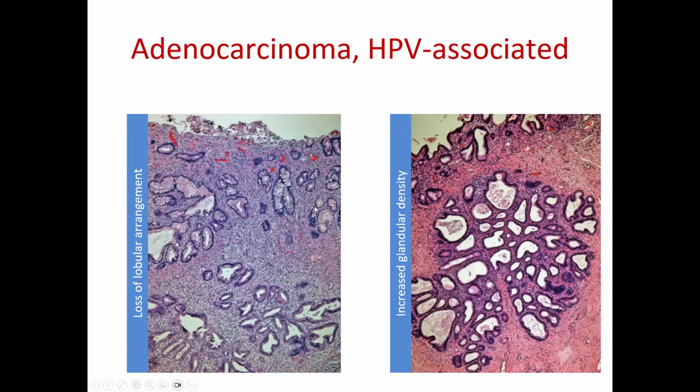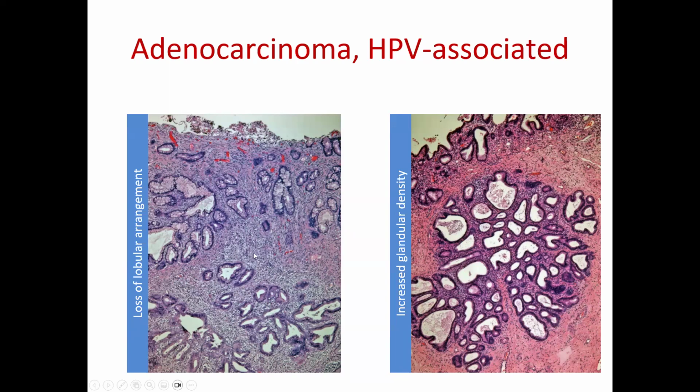So here's an example of an adenocarcinoma, the conventional, the usual type, the HPV associated. Again, you can see that these glands are abnormal for all the reasons we mentioned before, but I can't call this AIS anymore because they almost lost their lobular arrangement, didn't they? Like, where are the lobules here?